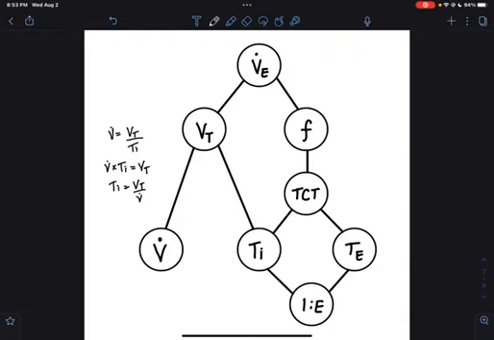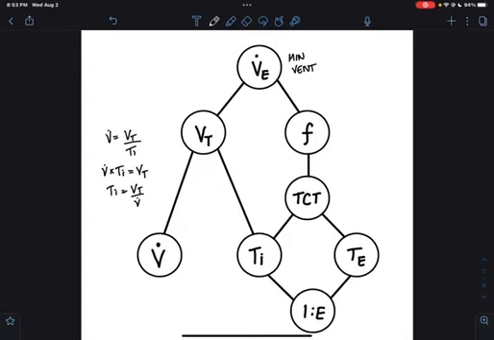At the top of the diagram, we have minute ventilation, and your minute ventilation is made up of tidal volume multiplied by your frequency, right? And then your tidal volume is made up of flow and I time. You see that triangle right here? It's made up of flow and I time.